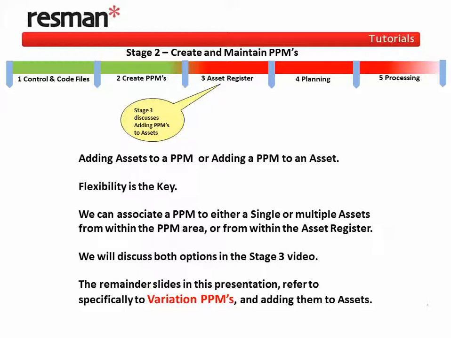We're going to discuss both of those options in the Stage 3 video. However, the remainder of this presentation refers specifically to variation PPMs and adding those variations to assets.